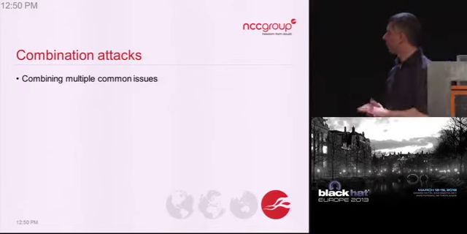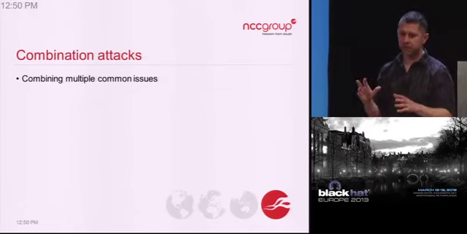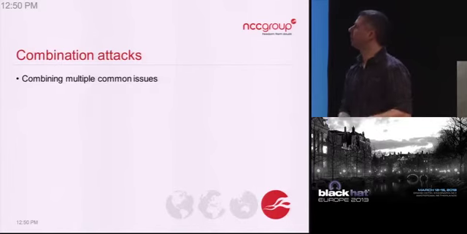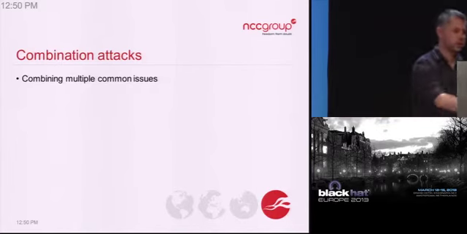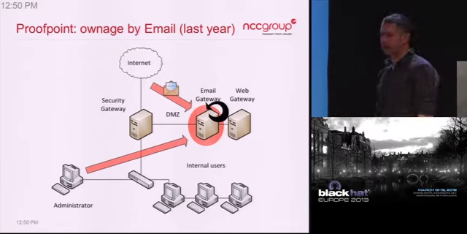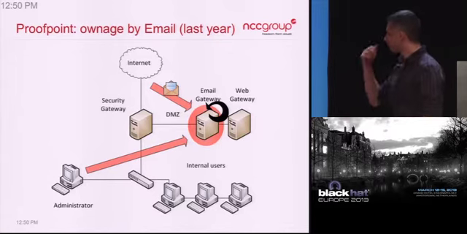So let's talk a little bit more about combination attacks, because if there is anything innovative in these vulnerabilities, it's in combining attacks. Last year I talked about a vulnerability that I found in Proofpoint's product, which is an email filtering product.